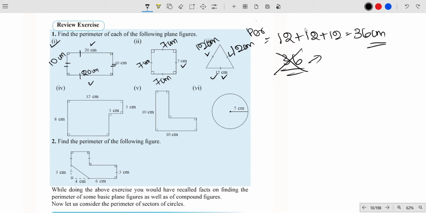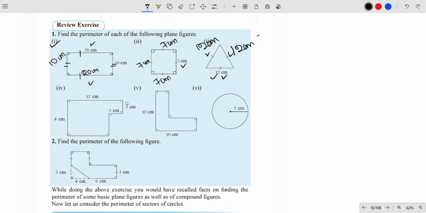Okay. The fourth question, we can do it in two methods. In the first method, we consider it as a full object. It means we have to complete the object, like drawing the picture like this. Then this is 8 centimeters. So this one is a rectangle. When we complete the picture, it will be a rectangle.